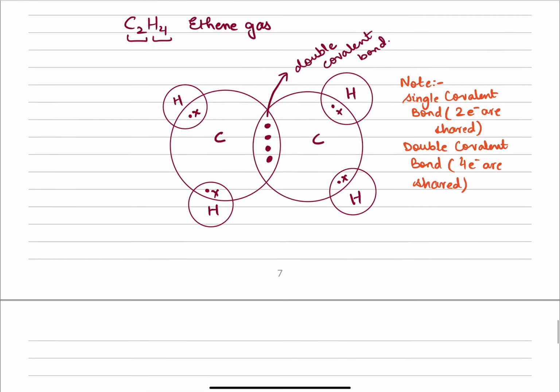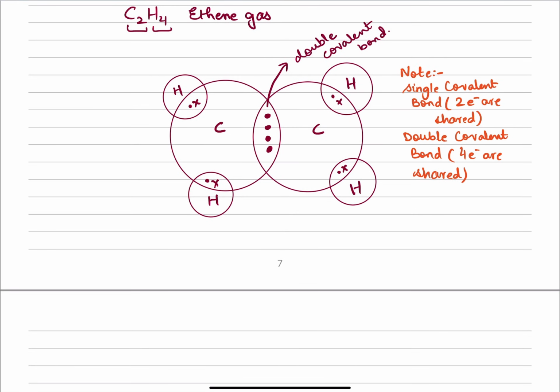And interestingly, there is also a triple covalent bond, which we will see in the next few minutes. Triple covalent bond when 6 electrons are shared.